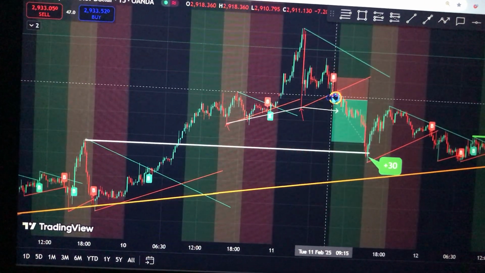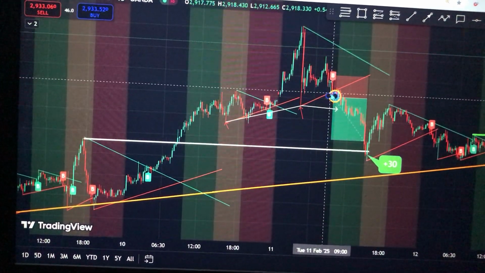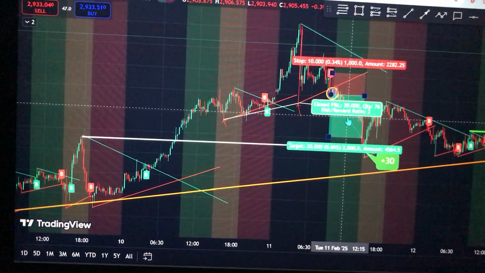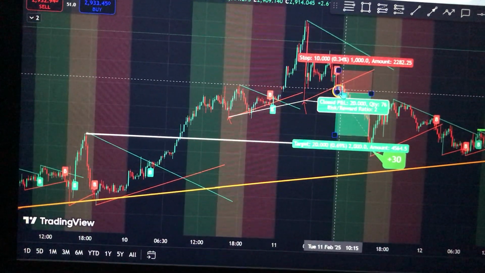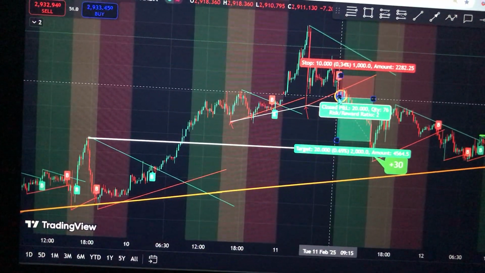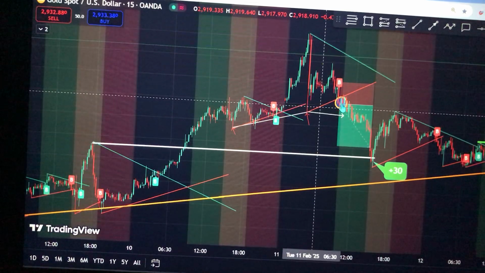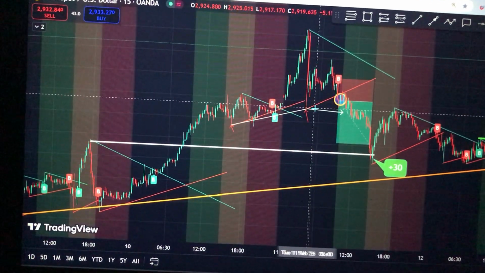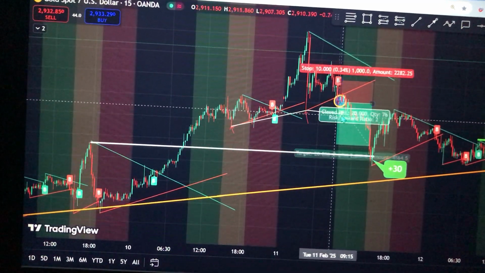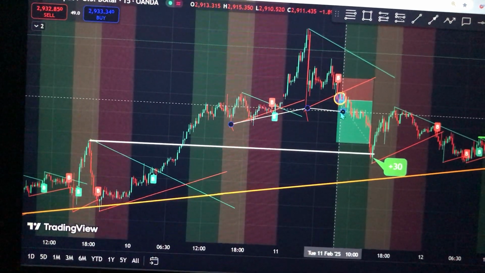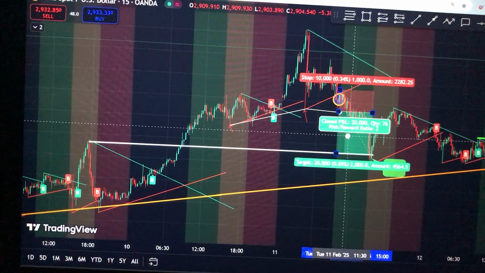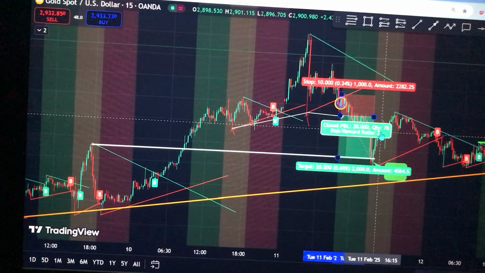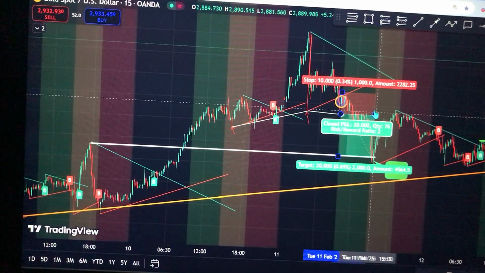As soon as you see this break, this B signal, you enter a sell position. If it doesn't happen while you are watching the charts, then you will just leave a pending order at this point here, like this, and then aim for the 1:2 risk to reward ratio.